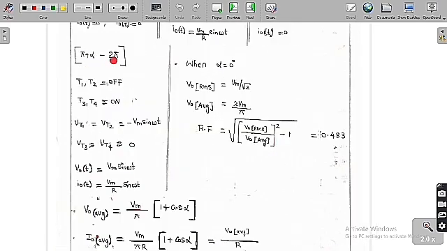Whereas from pi plus alpha to 2 pi, T1, T2 are off because they are experiencing negative voltage, whereas T3, T4 are going to experience positive voltage. So they are already on and also they are triggered. So VT1 is equal to VT2 is equal to minus Vm sin omega t. Because of this, they are going to experience a peak inverse voltage of Vm, whereas VT3 and VT4 are on, so they are going to experience a voltage of 0.